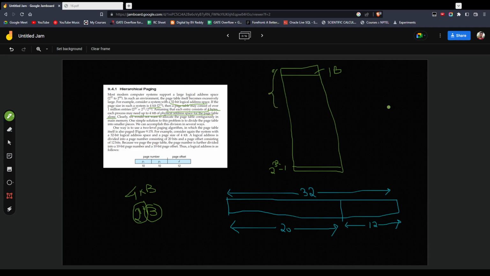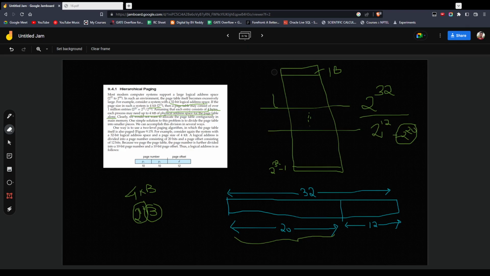The total number of entries is 2 power 32, and we are grouping 2 power 12 into one. It comes out to be 2 power 20, and for addressing this 2 power 20 we just need 20 bits, and that is the number of pages. So the number of chunks formed at this level will obviously be 2 power 20, as we have calculated.